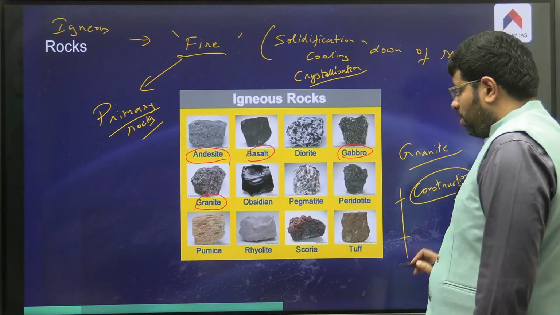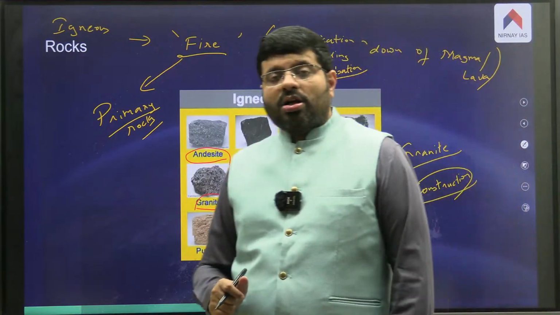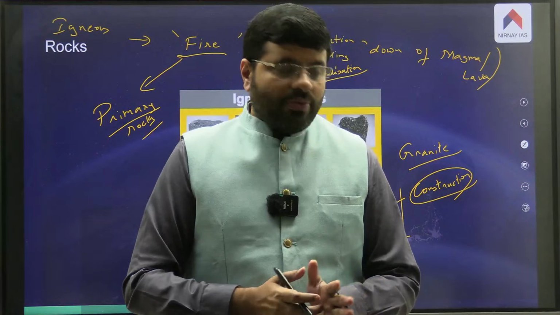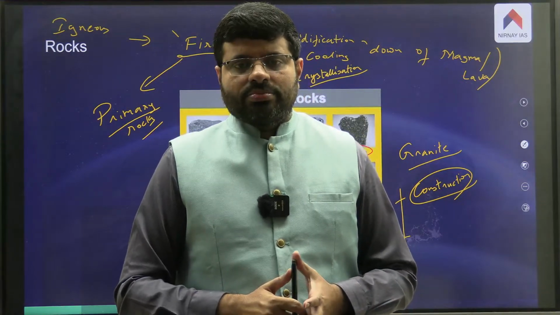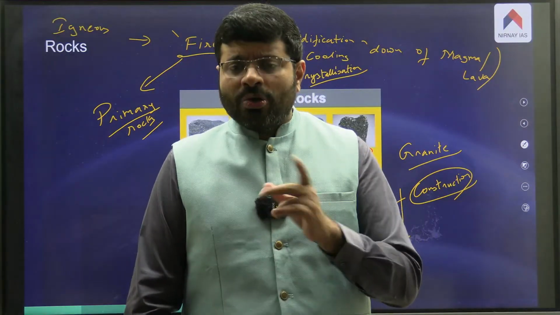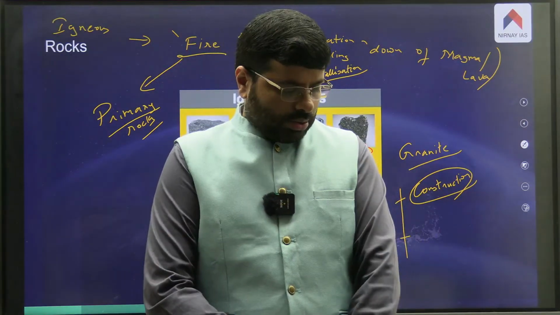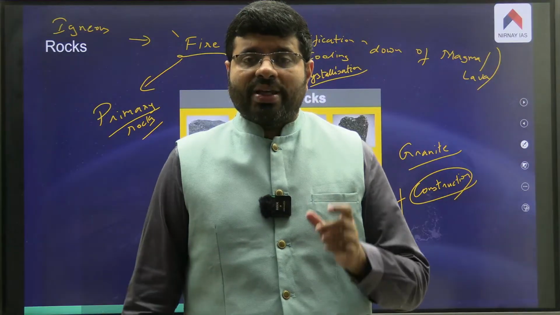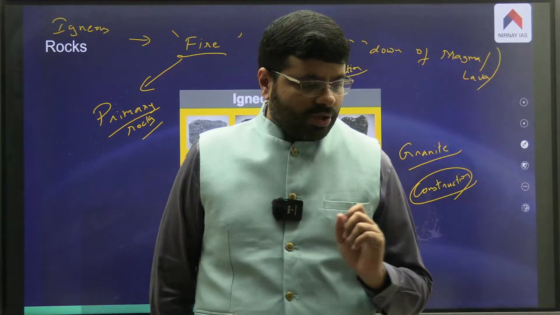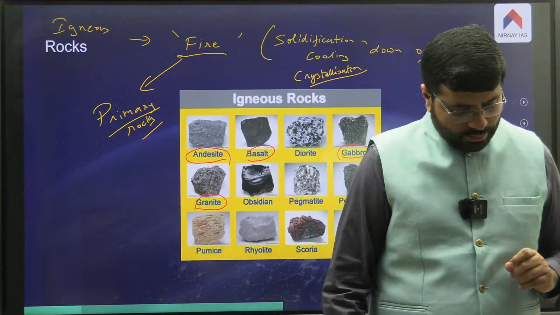For example, take Lord Ram's statue, which has been kept at Ayodhya. If I am not wrong, that statue is prepared out of a granitic rock from Karnataka. Granitic rock from Karnataka, right?